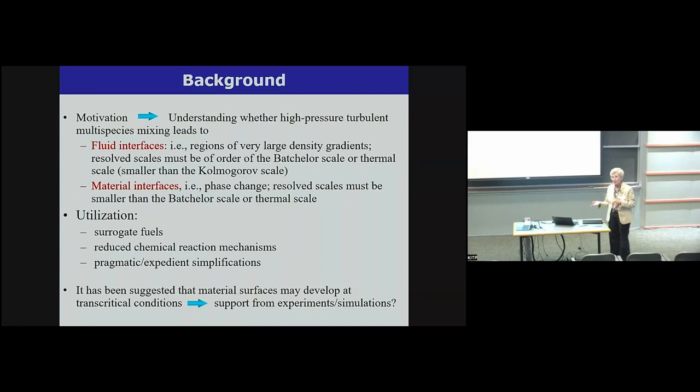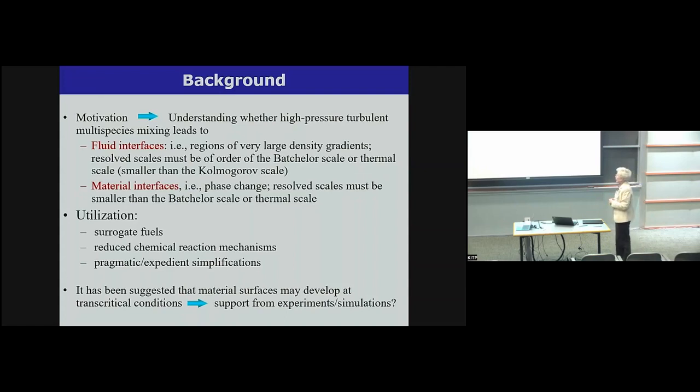Chemists have somewhat of a different approach than other people in deriving reduced mechanisms, but basically the idea is the same. We just have a few species. So are those reaction mechanisms relevant? And then there is the pragmatic or expedient simplification. Well, you know, we take out the species we don't like.